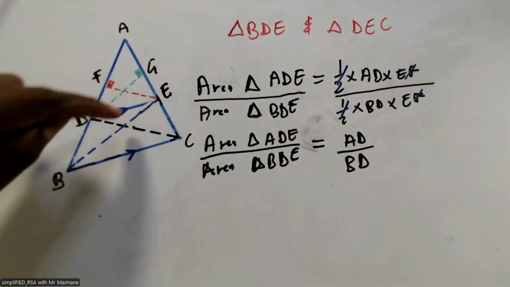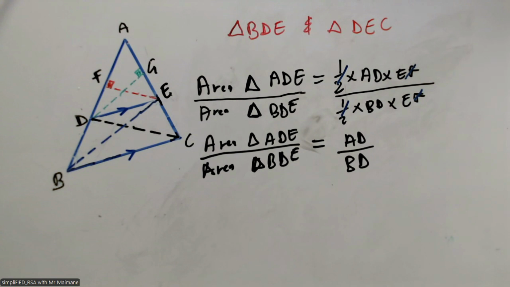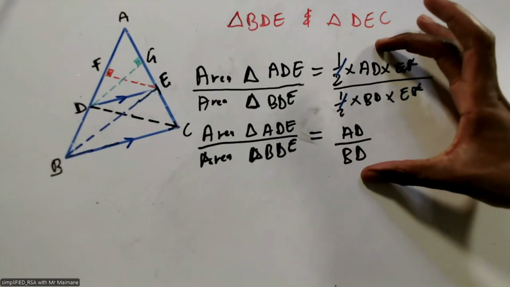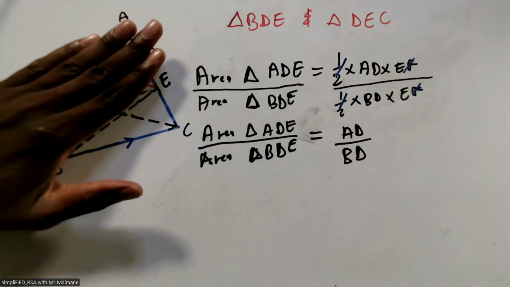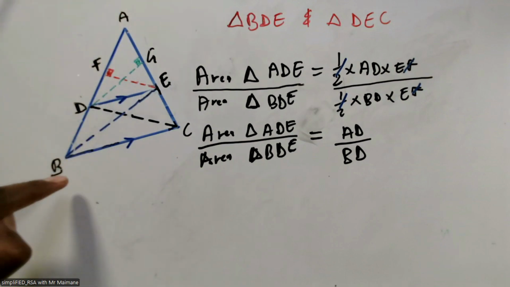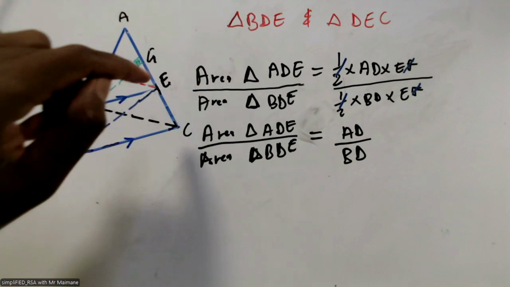That is for this side of the triangle, the one with the height EF in red.